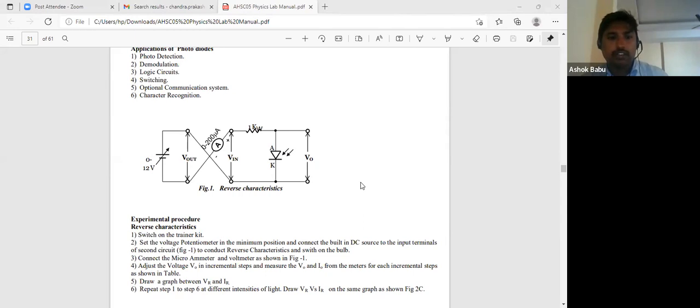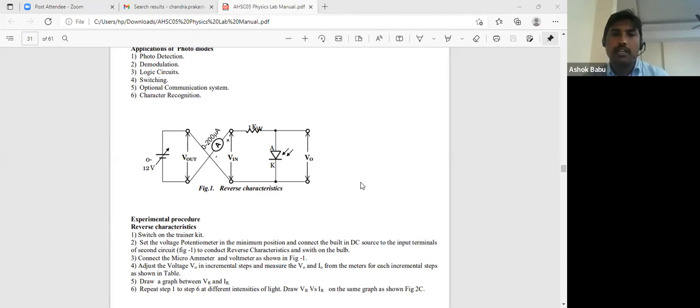Try to note them down. Variable power source, that is 0 to 12 volts. Ammeter is from 0 to 200 microamps or 0 to 20 milliamps. When connected in forward bias, we use milliamps, but here for reverse characteristics we are using 0 to 200 microamps.